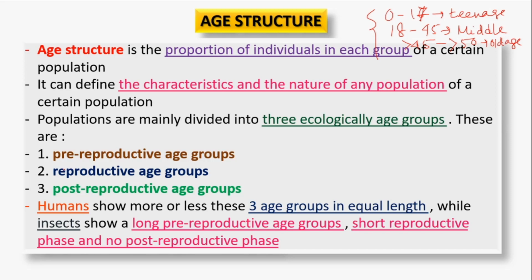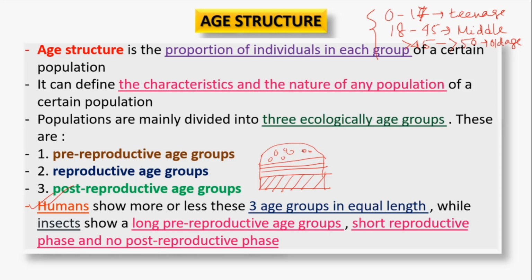As for example, the human shows these three age groups more or less in equal length. That means if this is the pre-reproductive age group, the next one would be the reproductive age group, and the last one would be the post-reproductive age group.